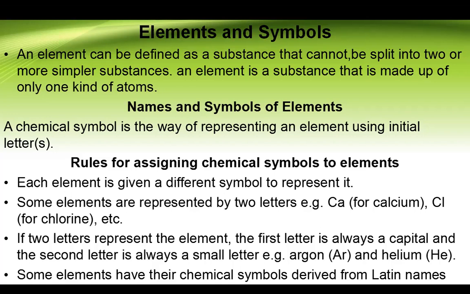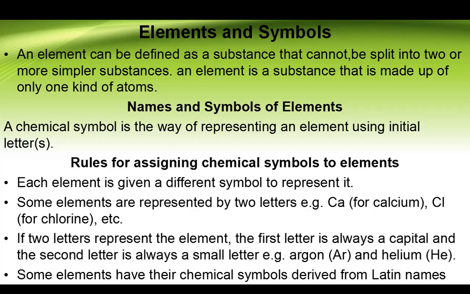Moving on, for some elements the chemical symbols are derived from Latin names. Why were they derived from Latin names? In order to avoid confusion, because some elements maybe had the same symbols if you just see based on their names, they could have the same symbols.